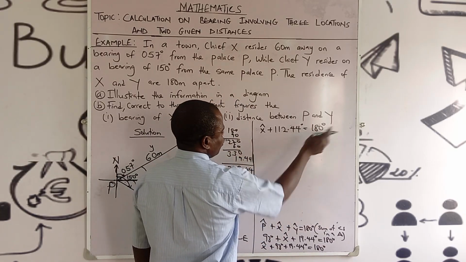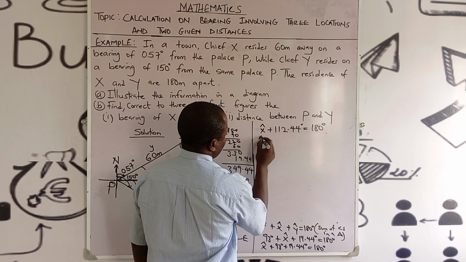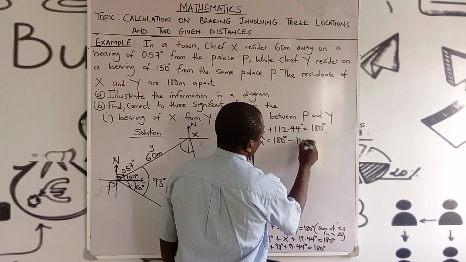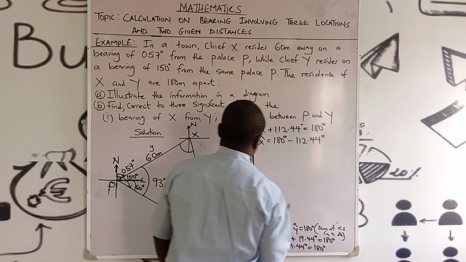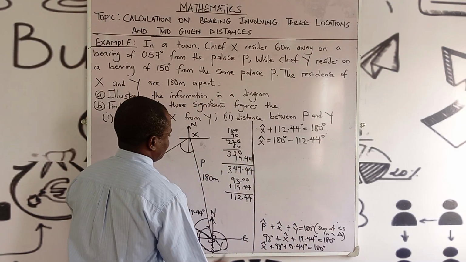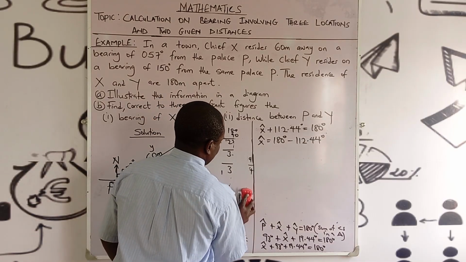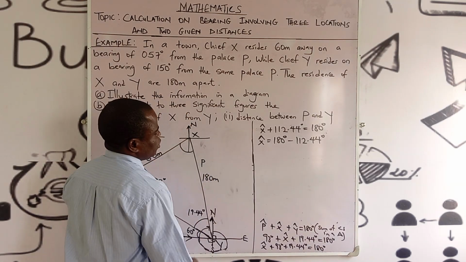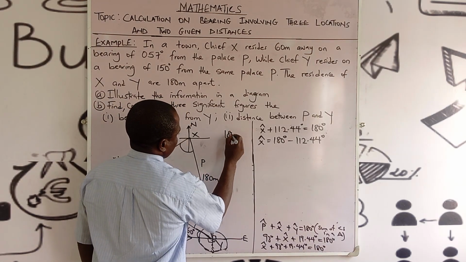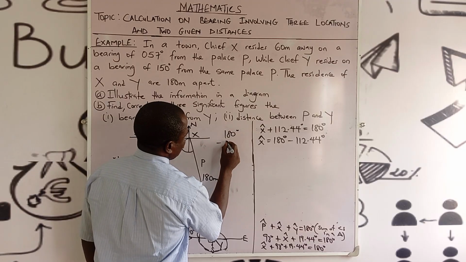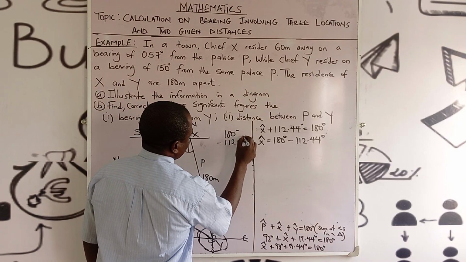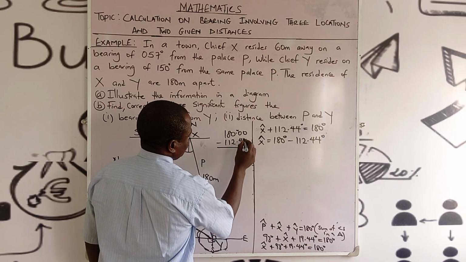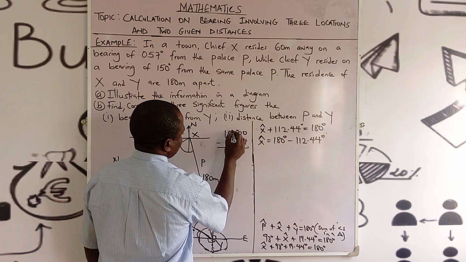Take 112.44 across the equals sign, turn to negative. Angle x equals 180 degrees minus 112.44 degrees. Let's do the subtraction. 0 minus 4 is not possible. Borrow 1 from 8 to make this 10.